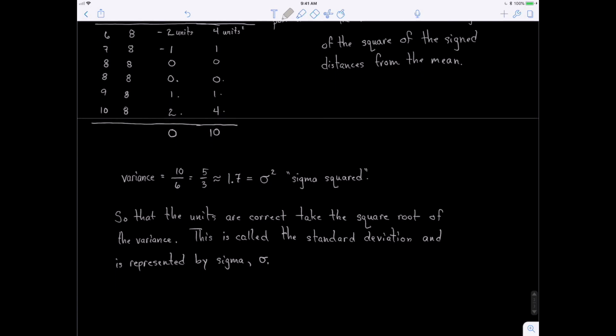So our last step here is, if we have our variance, we would take the square root to get the standard deviation.